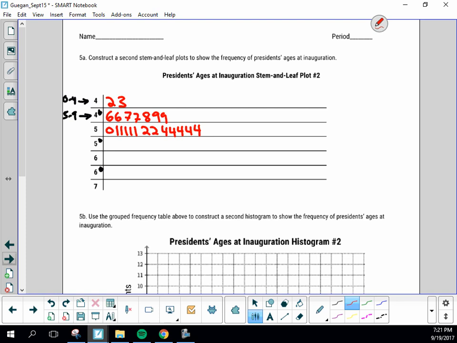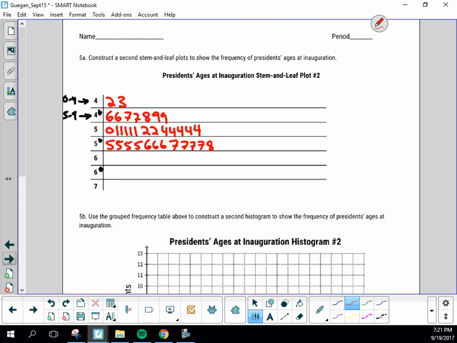Okay? Presidents who were inaugurated between 55 and 59 should be 5 presidents that were 55, 3 presidents that were 56, 4 presidents that were 57, and 1 president that was 58.